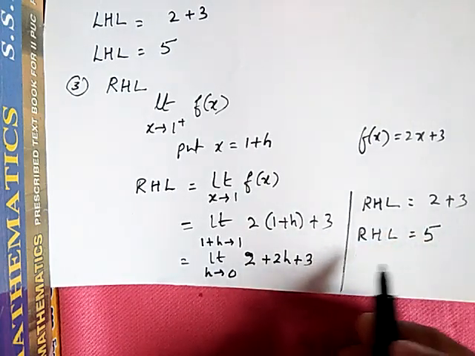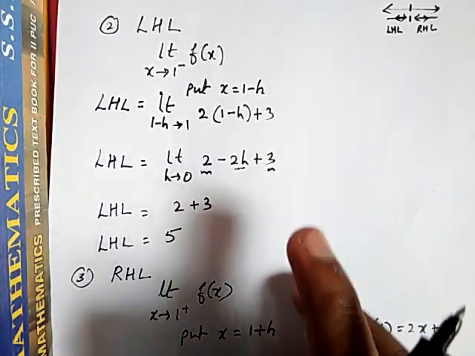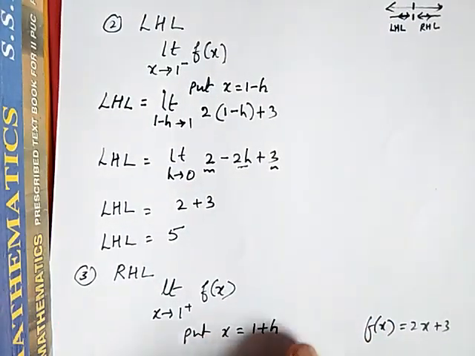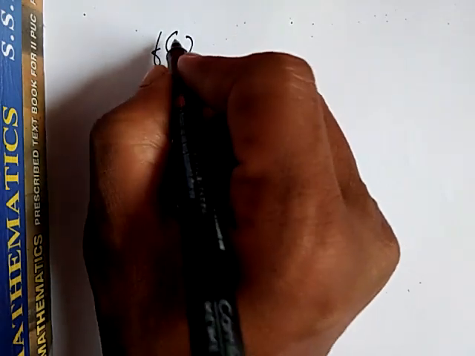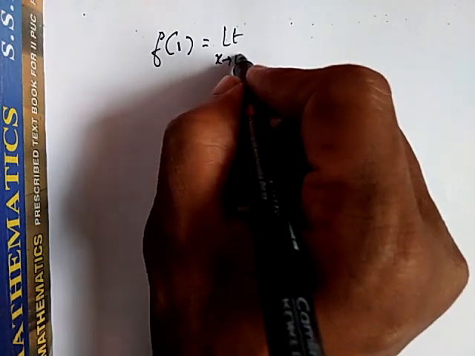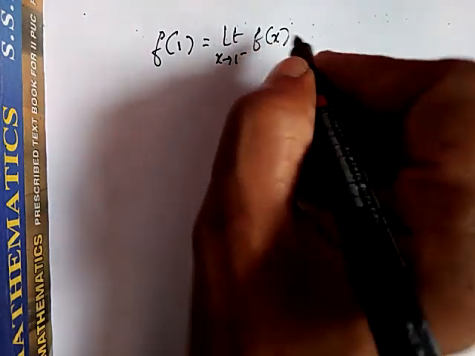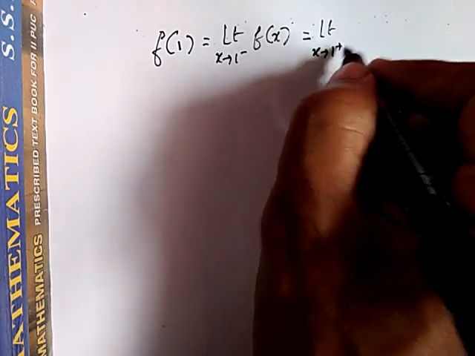So now you got right hand limit 5, and similarly left hand limit 5, and value of the function 5. So all three values you are getting 5. By observing this we can say that f of 1, value of the function, is equal to limit x tends to 1 minus f of x, means left hand limit, which is equal to limit of x tends to 1 plus f of x.